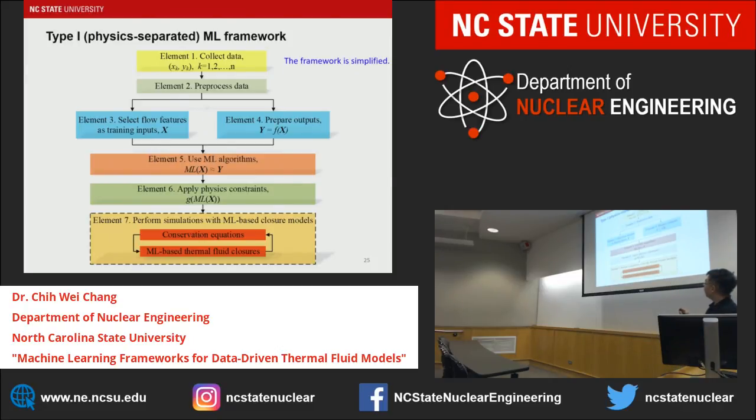After we deliver the machine learning-based closure model, we might need to apply some physics constraints to those models because they cannot violate our physics assumptions. But element 6 is not essential, depending on what problem we are doing. And in element 7, we need to implement the machine learning-based model into the conservation equation, and then we can iteratively solve the problem.